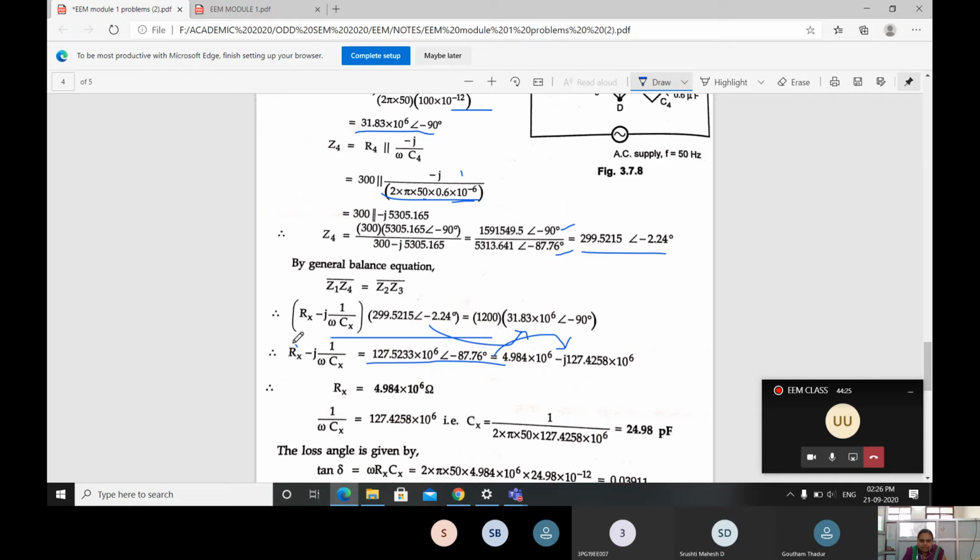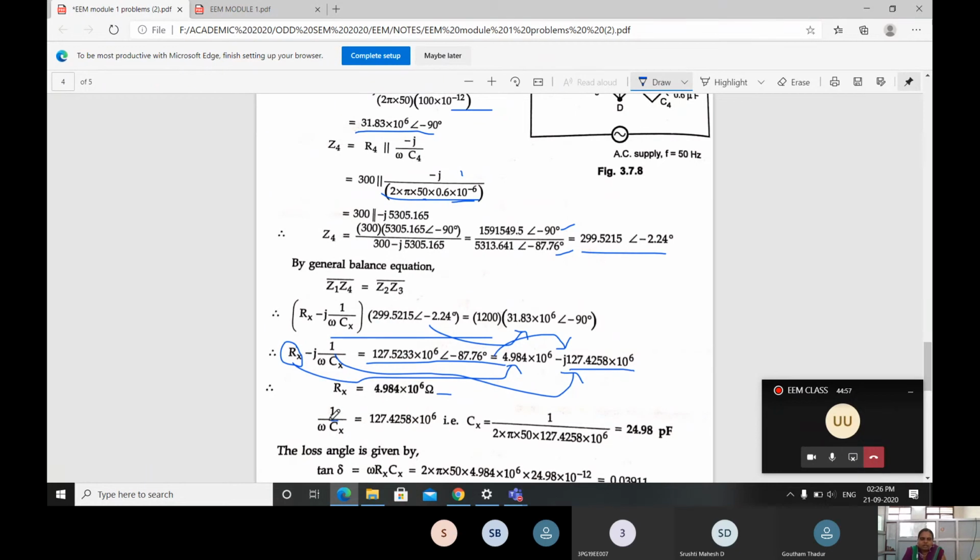Then equate the real part to the real and the imaginary part to the imaginary. The real part is Rx, which is 4.984 into 10 raised to 6 ohms. Then 1 divided by omega Cx is only this part. Equating the imaginary part, 1 divided by omega Cx is 127.4258 into 10 raised to 6.